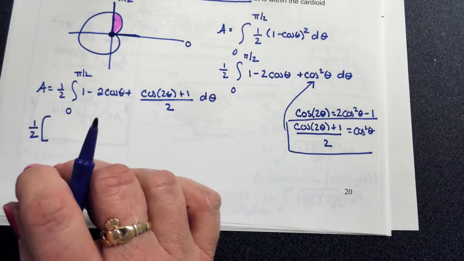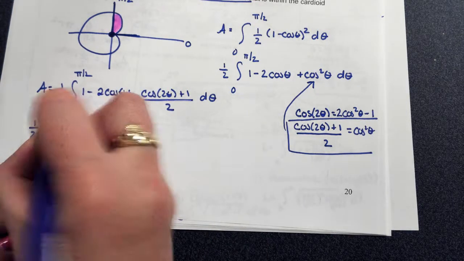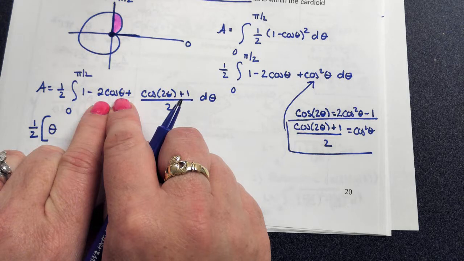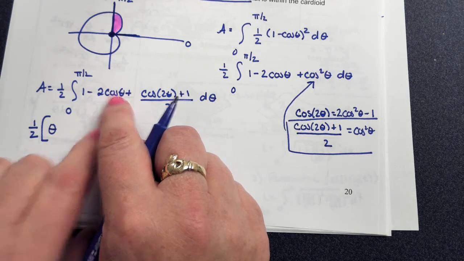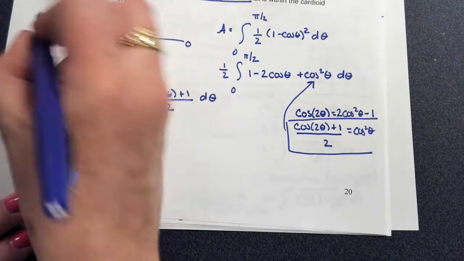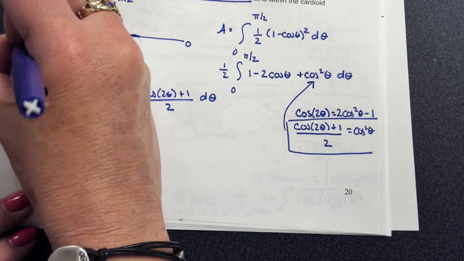So now let's integrate. Integral of 1 is going to be what? Theta. Integral of minus 2 cosine theta: so it'll be minus 2 sine theta. I have to do my little chart.